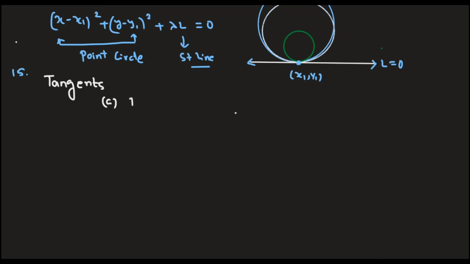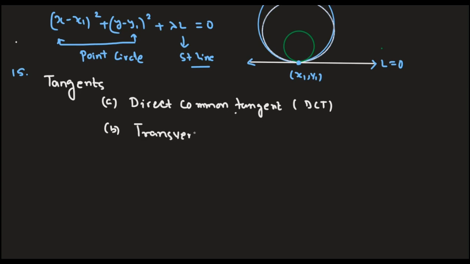One is the direct common tangent, in short you can write DCT, and the second type is the inverse common tangent, or you can say transverse common tangent. Inverse or transverse, both are correct, so I am taking the name transverse, TCT.